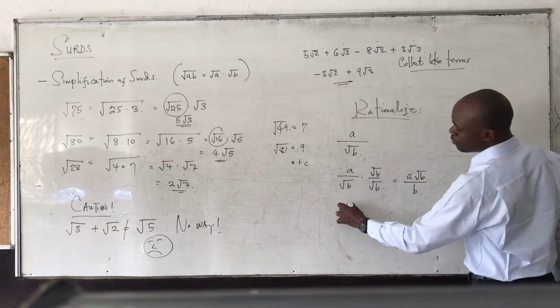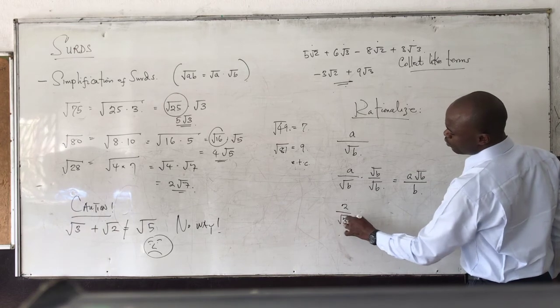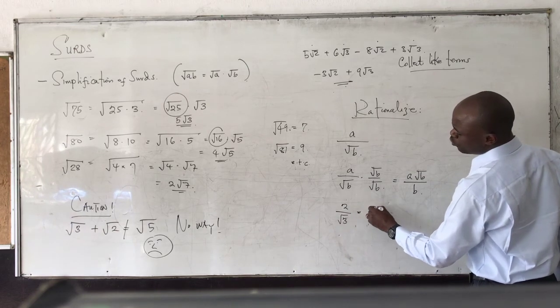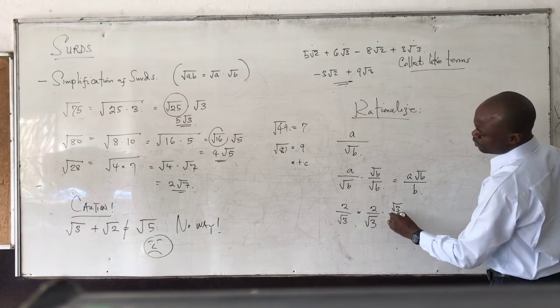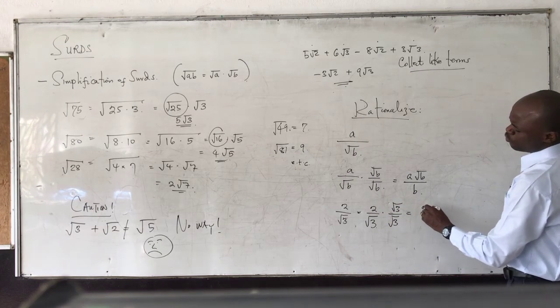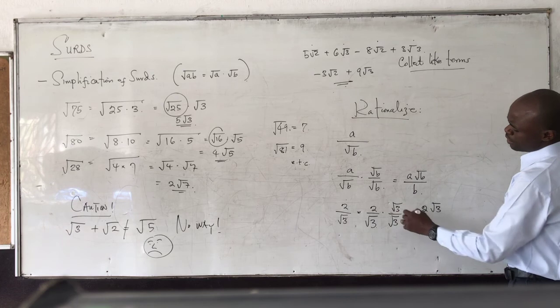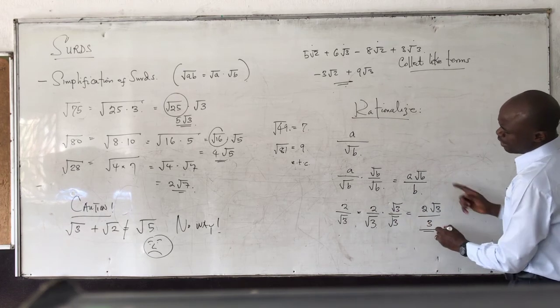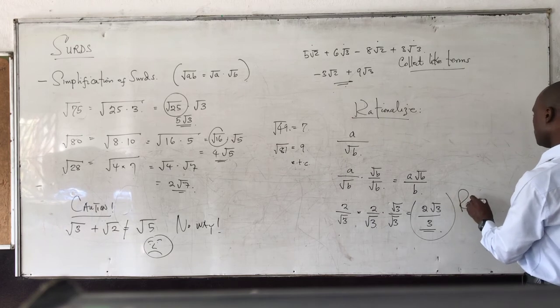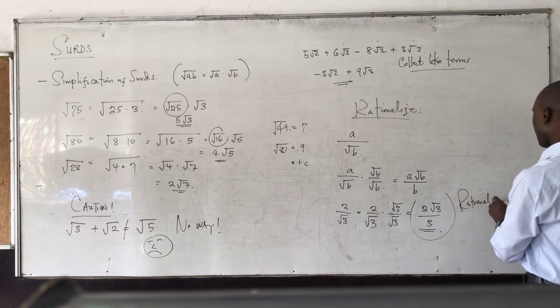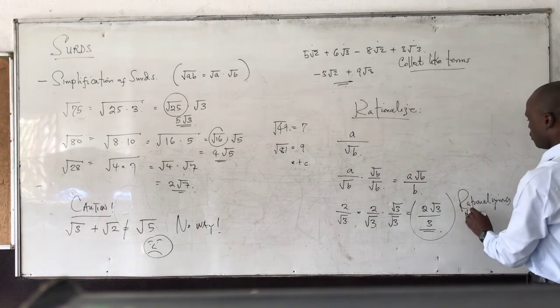I have an example. 2 over root 3 will simply give us 2 over root 3 times root 3 over root 3, and that will end up giving us 2 root 3 divided by 3, applying this principle. So that's what we call rationalizing the denominator.